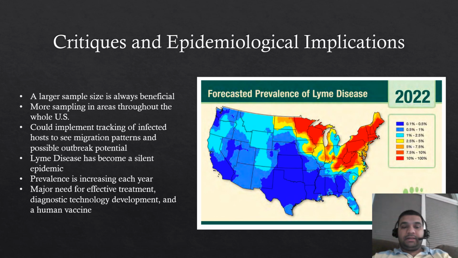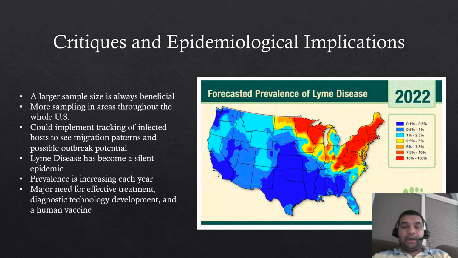Another thing they could have done better is a larger sample size, more sampling areas, and more than just 16S ribosomal RNA as their molecular method. It would be interesting to see them explain an association between human Lyme disease cases and how those cases were confirmed.